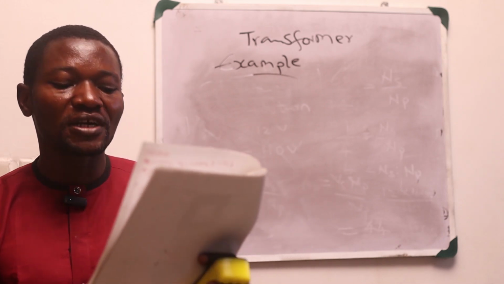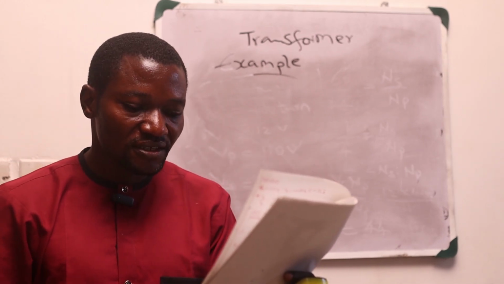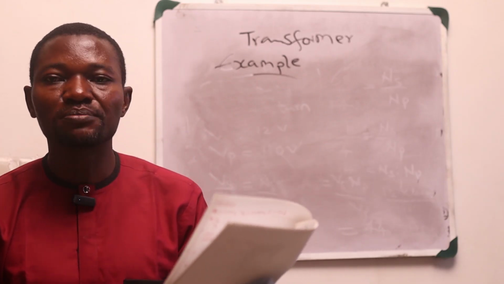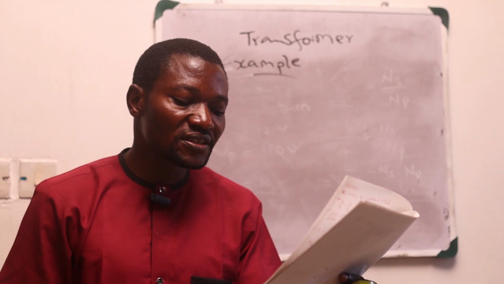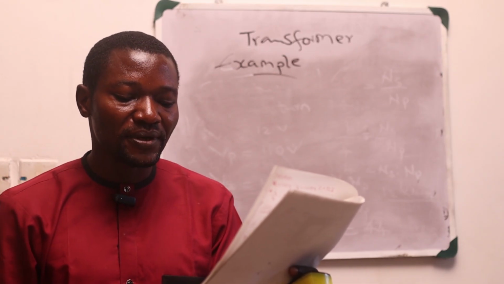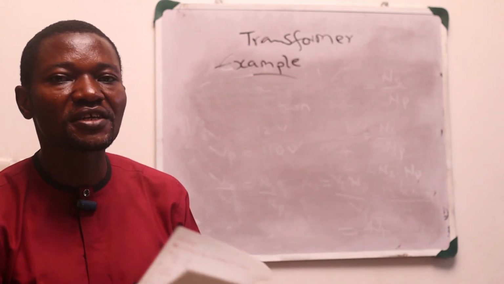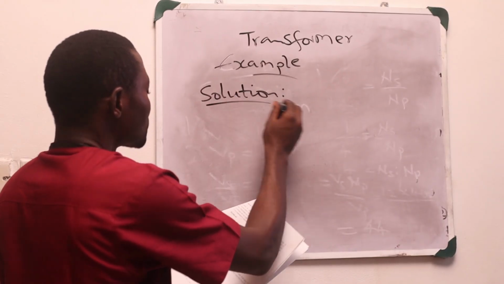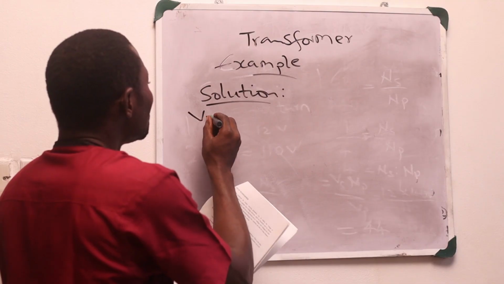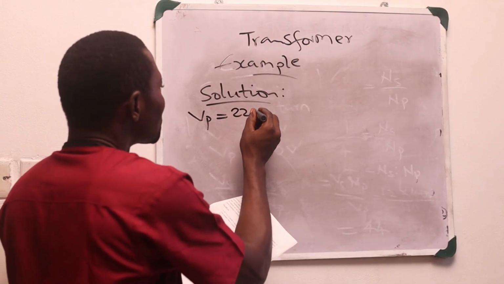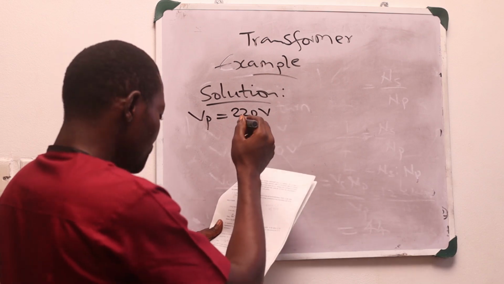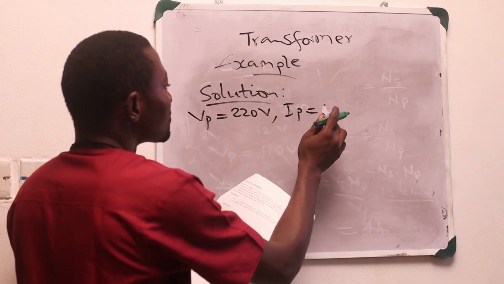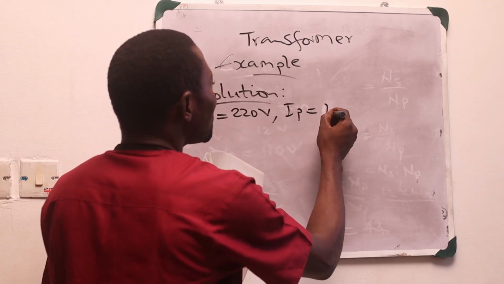It says if a 220 volt step down transformer is used for lighting 8 12 volt 20 watt lamps, find the efficiency of the transformer when a current of 1 ampere exists in the primary coil. Let's look at the solution to the question. We know the voltage in the primary to be 220 volts. We know the current in the primary to be 1 amp.